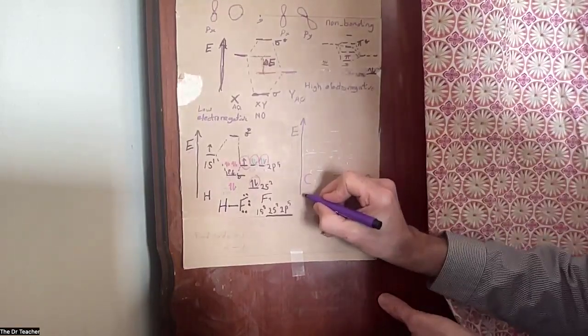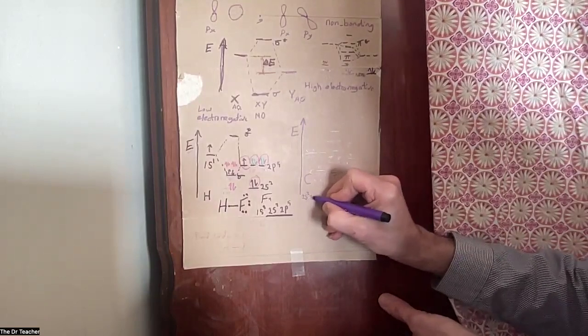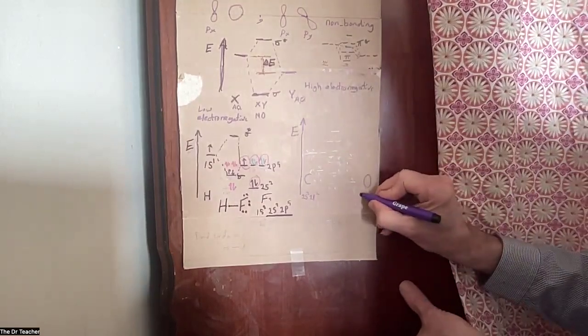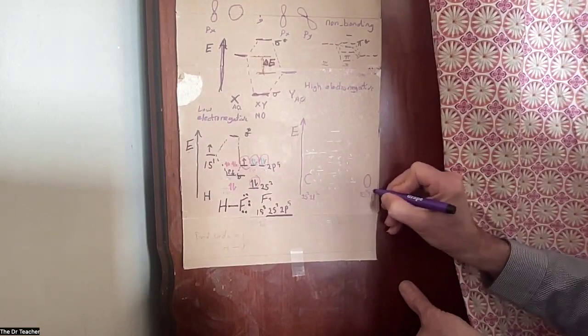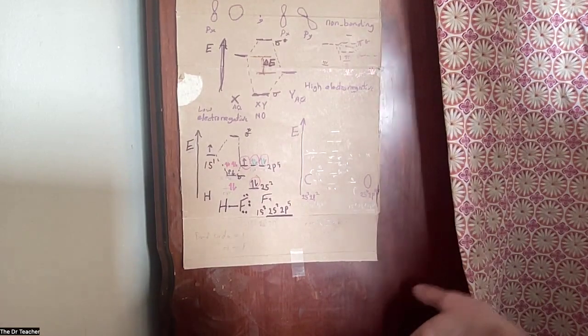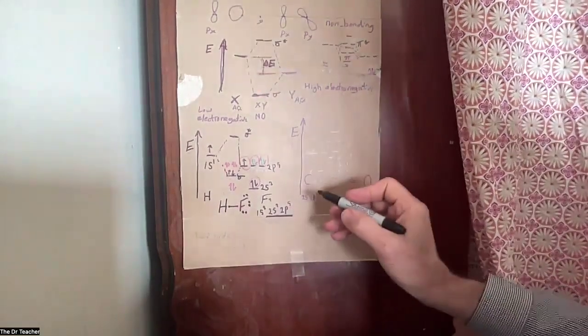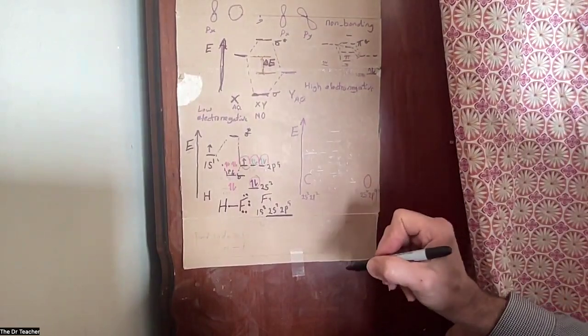Okay, now this has 1s2, 2s2, 2p2. And the oxygen has the valence electrons 2s2, 2p4. So we have here valence electrons, 4 in the carbon and 6 in the oxygen.